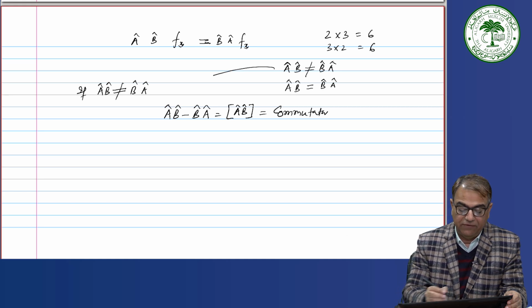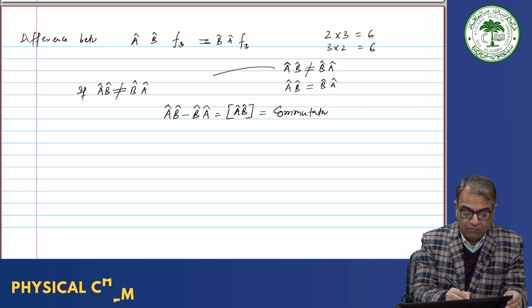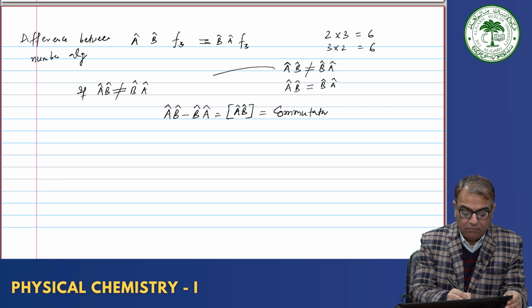So this is the major difference between number algebra and operator algebra.